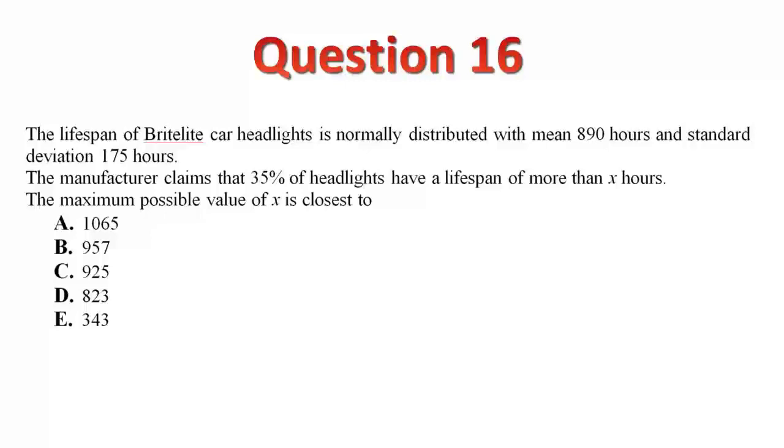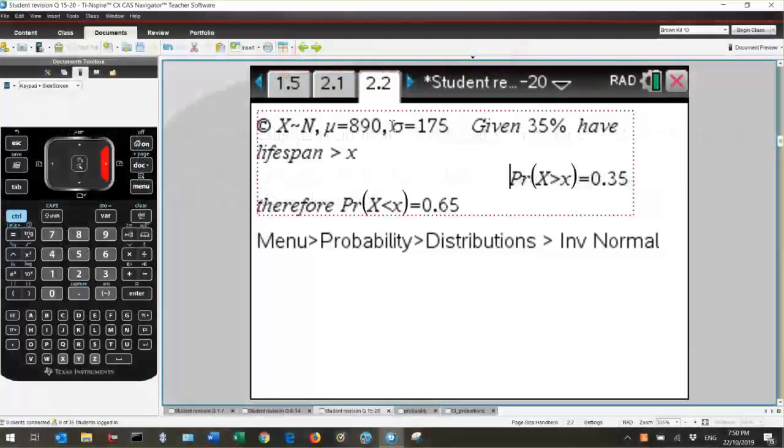All right, so let's see what information we're given. We know that it's normally distributed. We know the mean, we know the standard deviation, and we're given that 35% have a lifespan greater than x. So if I call capital X the lifespan, the probability that X is greater than little x is 0.35.